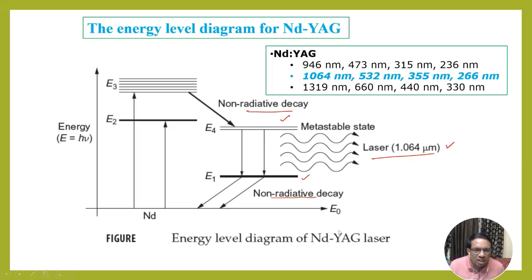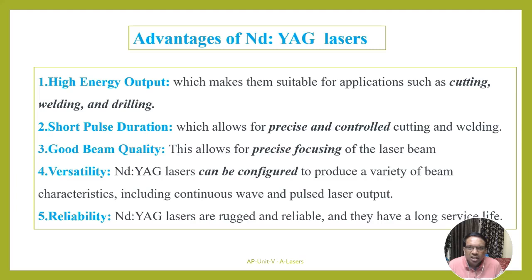Then we use other optical components to get different wavelengths. Half of this, or a third or fourth part, and like that we get different wavelengths from this Nd:YAG laser. Next, what are the advantages compared to other lasers? Basically, it's a high energy output laser, so we can use it for cutting, welding, and drilling.